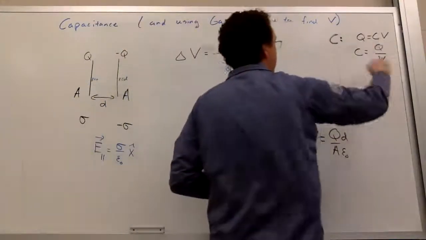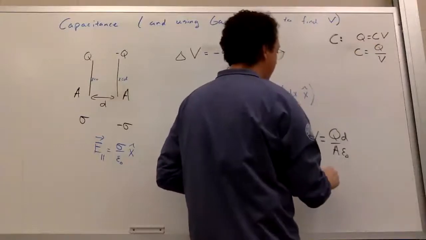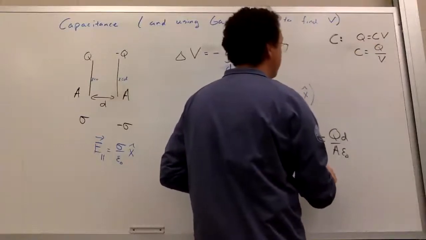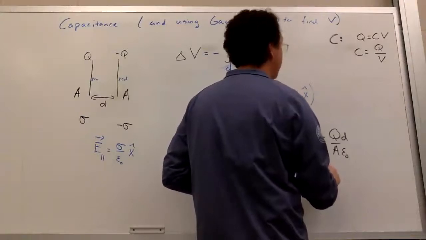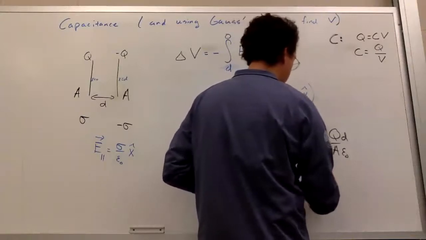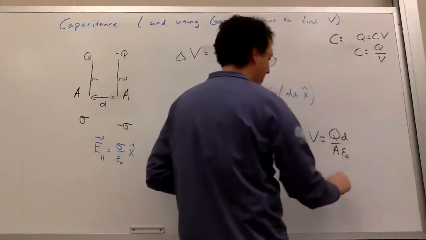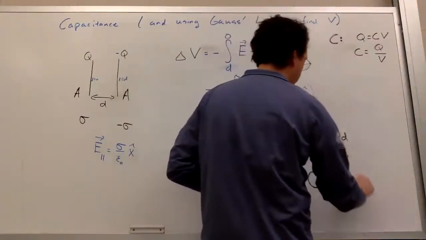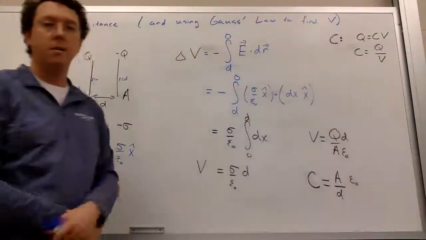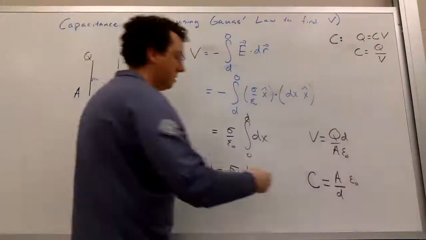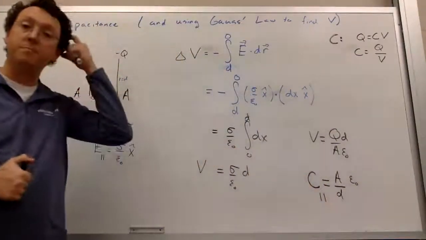Using the definition of capacitance, Q divided by V is A epsilon naught over d. And that is the capacitance for a parallel plate capacitor filled with vacuum.